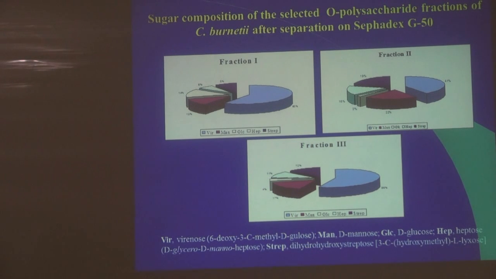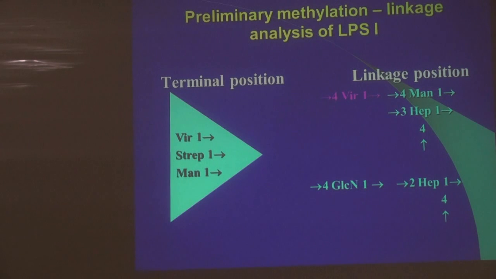But nevertheless, we were able to do some basic studies on this LPS, and we were able to show virenose and dihydroxystreptose and also mannose in the internal position of the LPS or O-specific chain, and therefore they are better accessible to antibodies. That's why they react there.